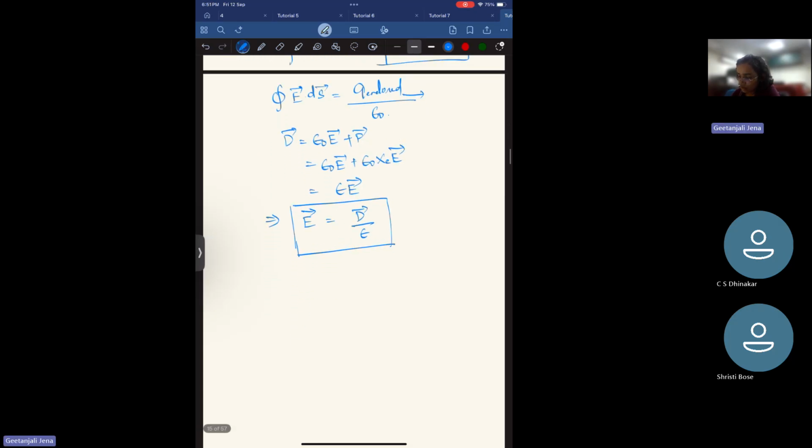Okay, so now we have D is 0 for R less than A, and it is Q R cap by 4 pi R square for R greater than A. So electric field will be 0 for R less than A, D by epsilon.